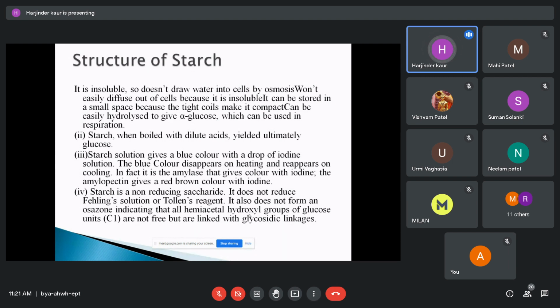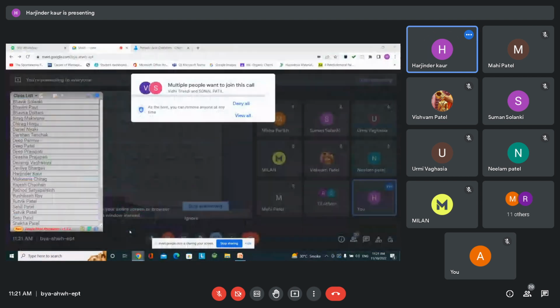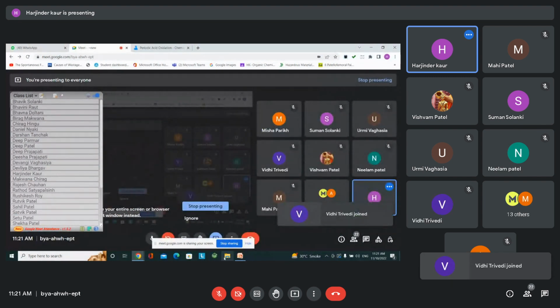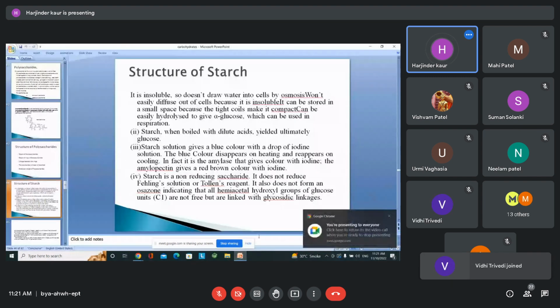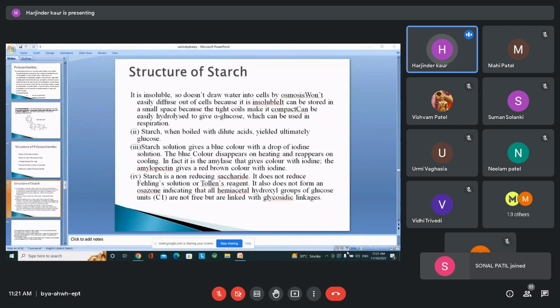So out of the 2 glucose units, 1 unit has a free aldehyde group at the 1 position, and that free aldehyde group can react with Fehling solution.